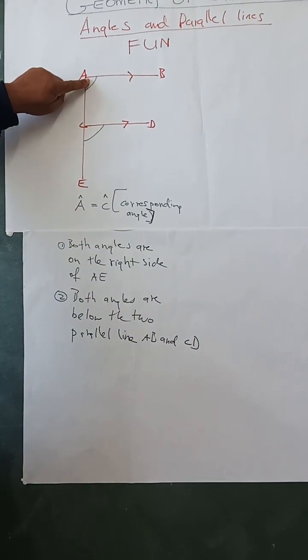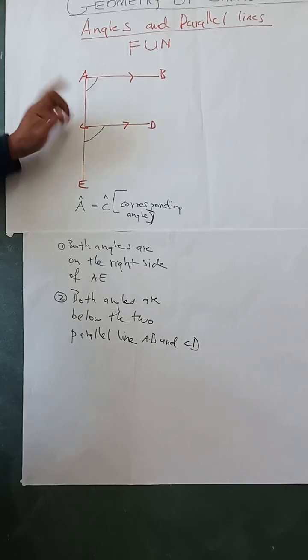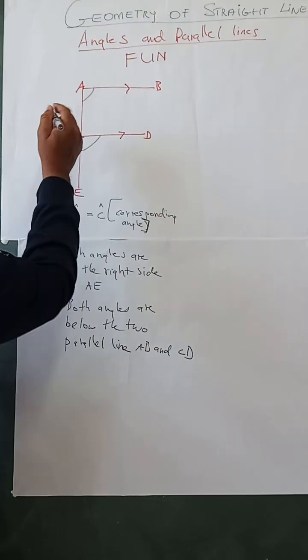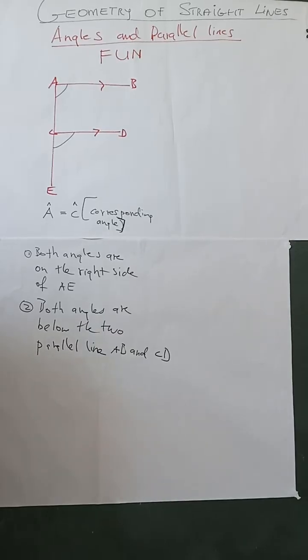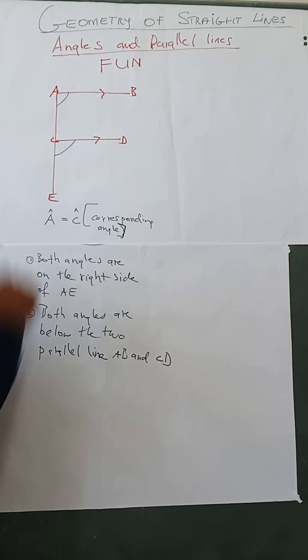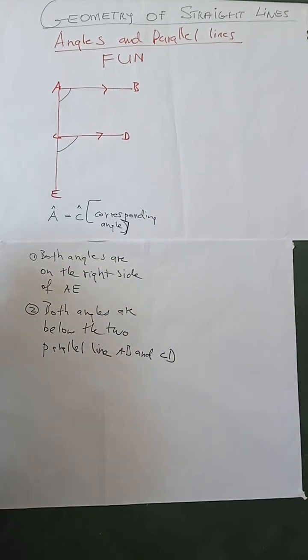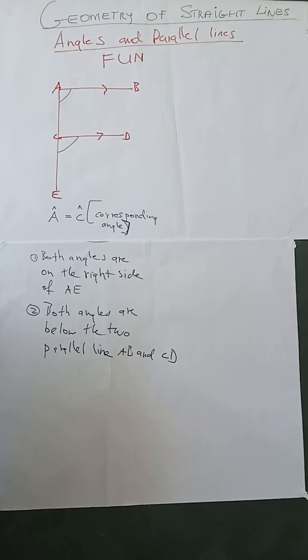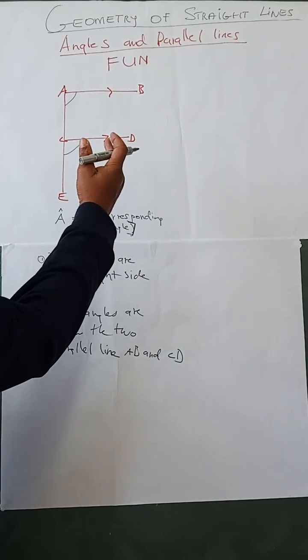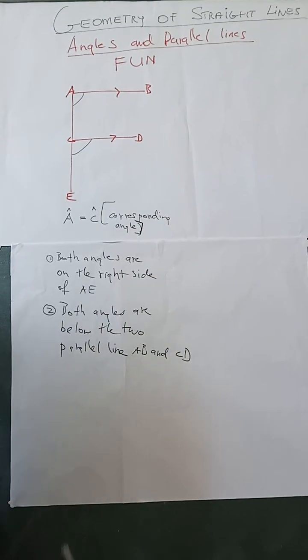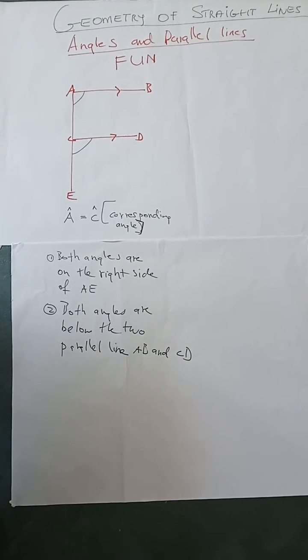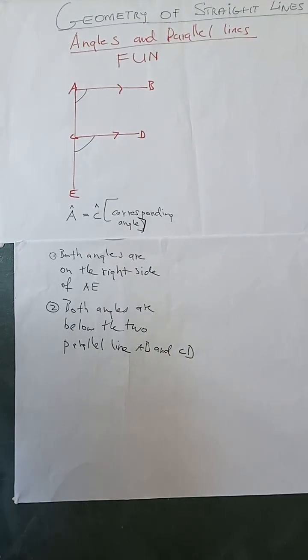Both angles A and C are on the right side of AE. Number one. Number two, both angles are below the two parallel lines. We got the right side of the vertical line AE, and below the two parallel lines AB and CD.